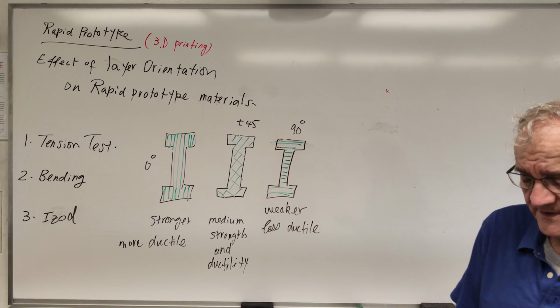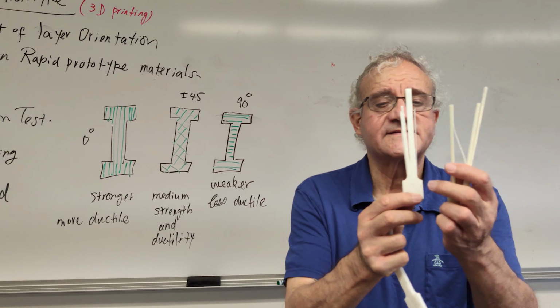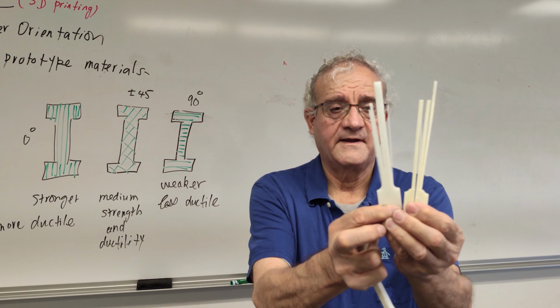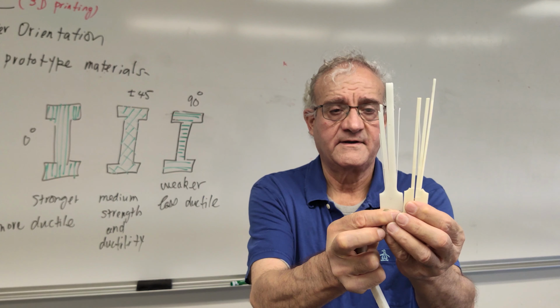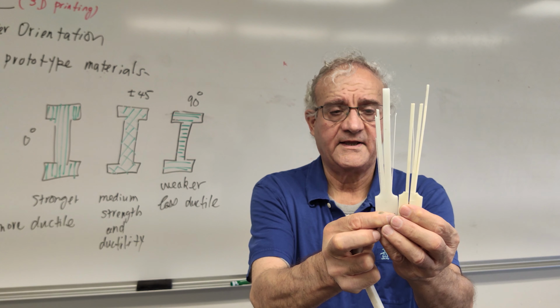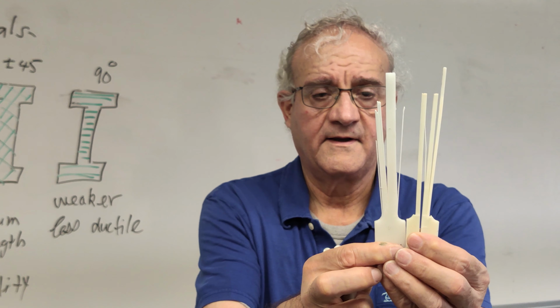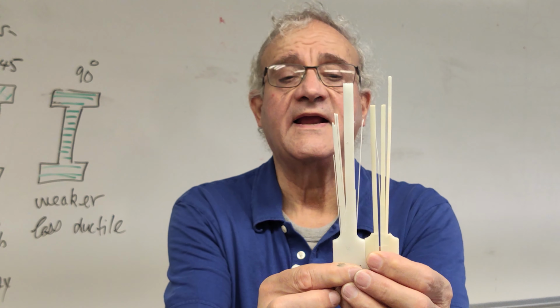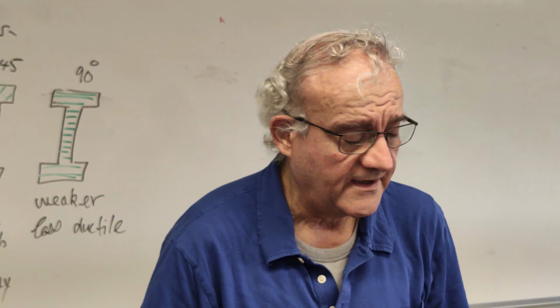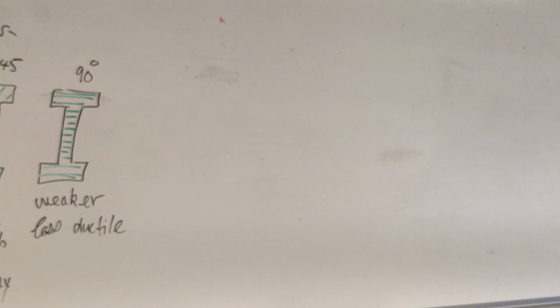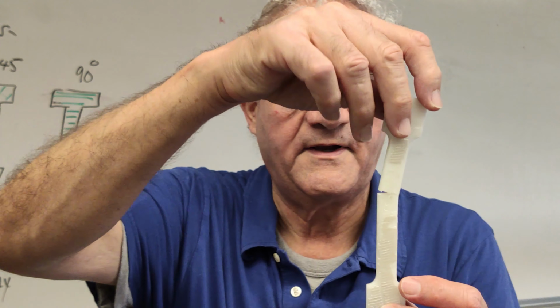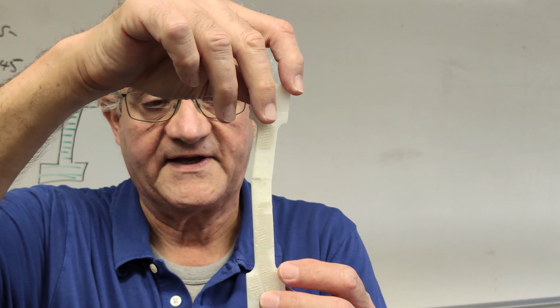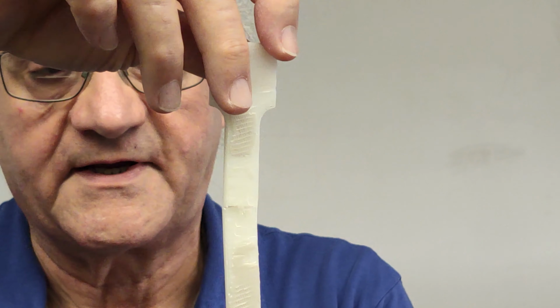This is a sample which was at zero orientation, and it broke by breaking layer after layer after layer. And this one is a 90-degree sample which broke very fast, perpendicular to the length. What happened?